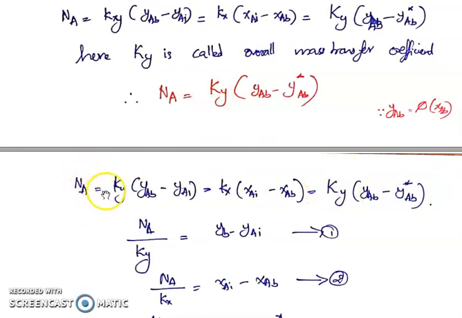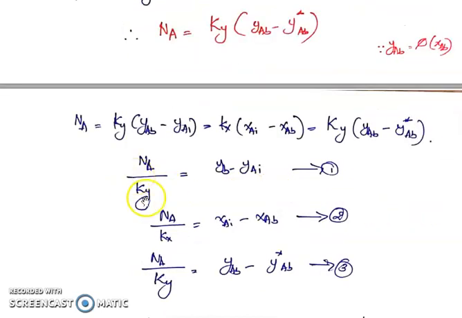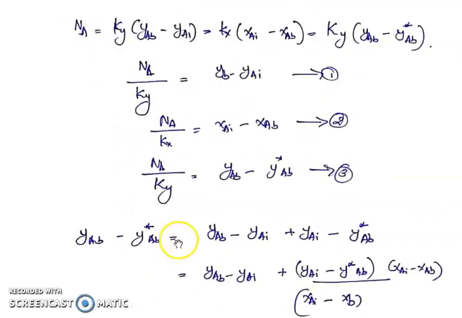We know NA is equal to ky into YAB minus YAI, which is equal to Kx into XAI minus XAB, which is again equal to capital Ky into YAB minus Y star AB. From this expression, we can write NA by ky, NA by Kx, and NA by capital Ky. Let's try to solve this.